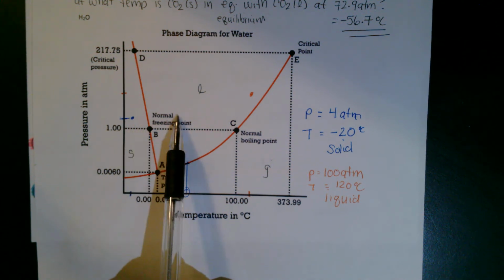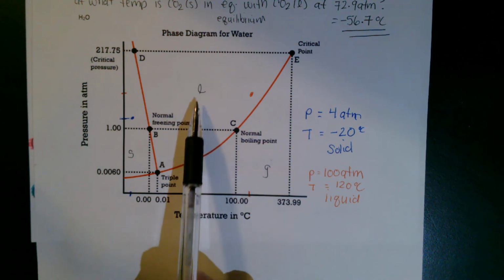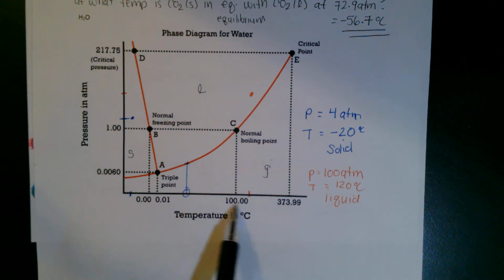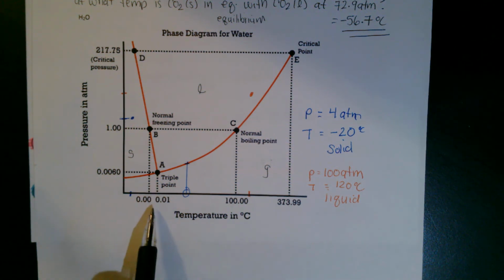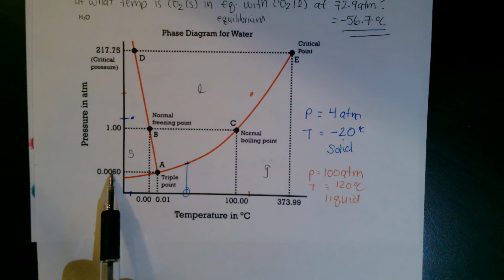that separates solid and liquid. Okay, so same thing here, where it crosses liquid and gas, we get our boiling temperature. So those are called the normal freezing points and normal boiling points. So for water, the triple point is just above 0 and with a very, very low pressure of 0.006 atmospheres.